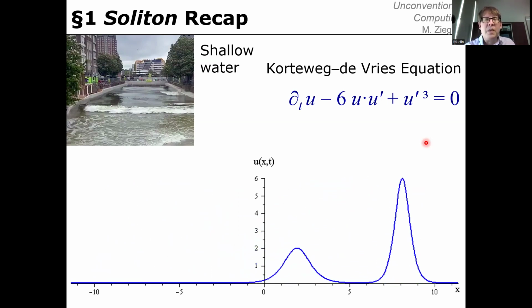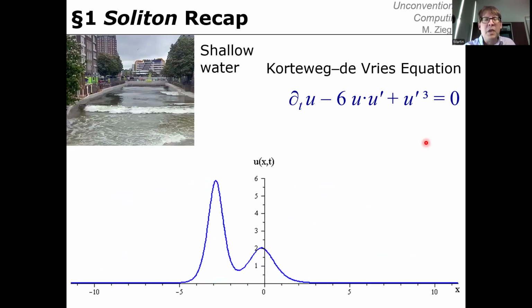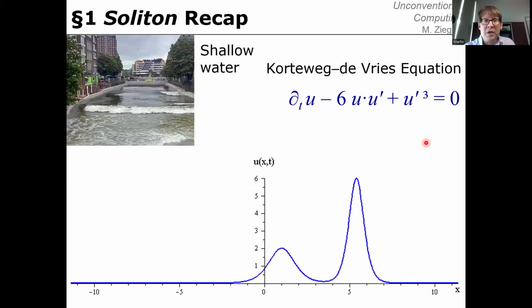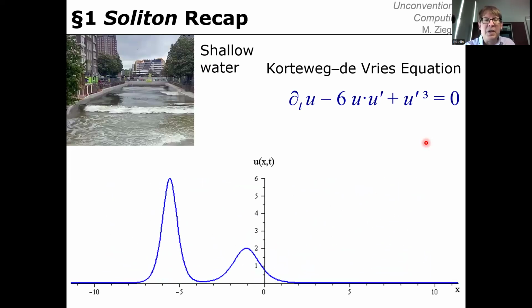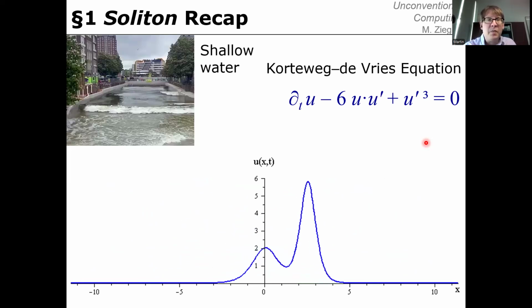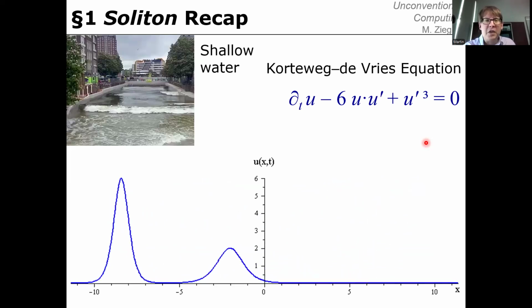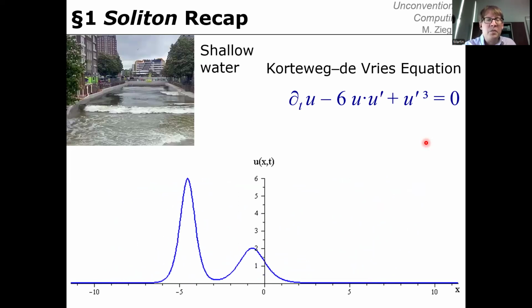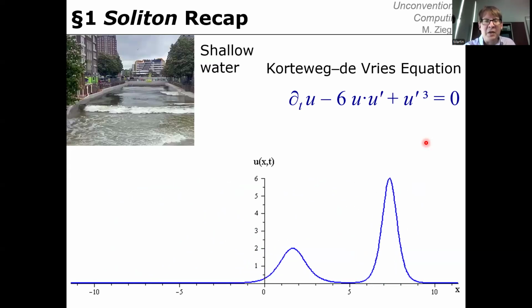But here the larger wave with the larger amplitude travels faster and eventually surpasses the wave with the lower amplitude, right? But the surprising thing is that they're still stable waves. They don't dissipate, they don't dissolve like a Gaussian wave, and they can even merge and re-emerge from each other unperturbed. However, note that the larger amplitude wave makes a kind of jump ahead of the other.